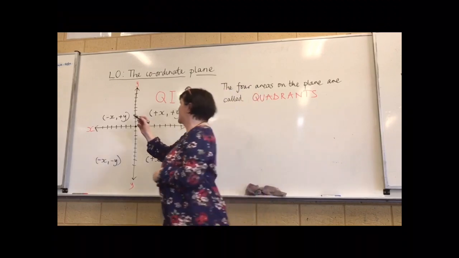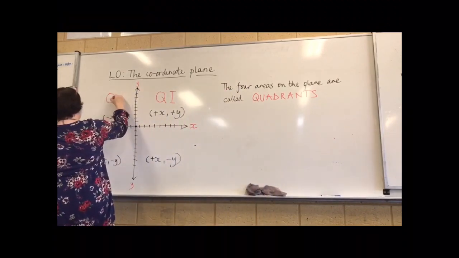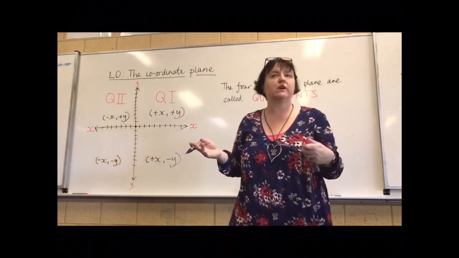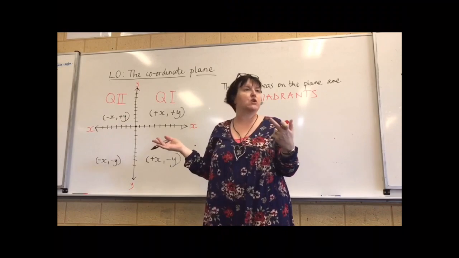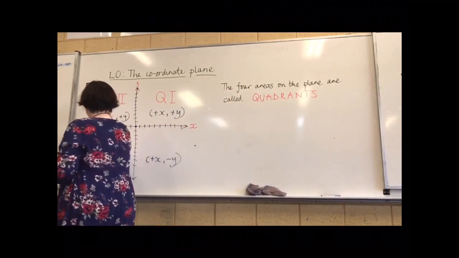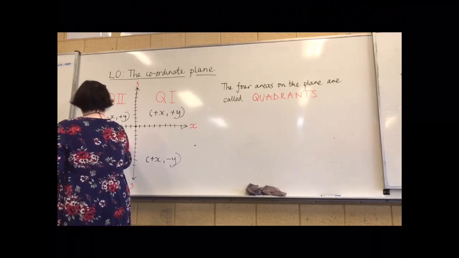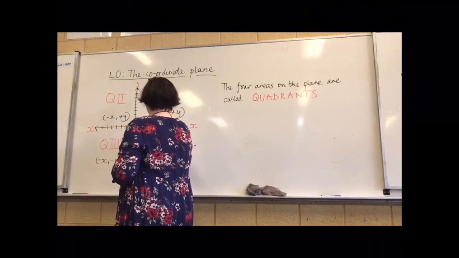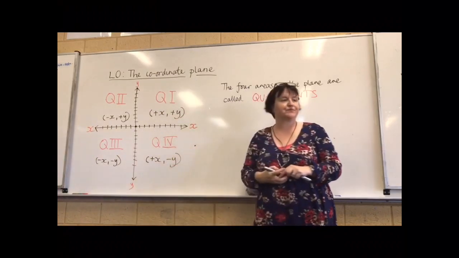That one there. Yeah, well done. This one here is quadrant 2, and as you can see I've given them Roman numerals, but you can write the numbers if you want to, though you will often see them in Roman numerals. This one here is quadrant 3, and then this one here is quadrant 4. Okay?